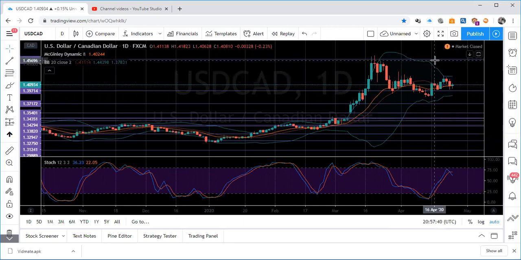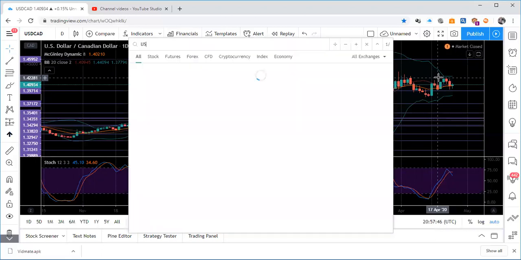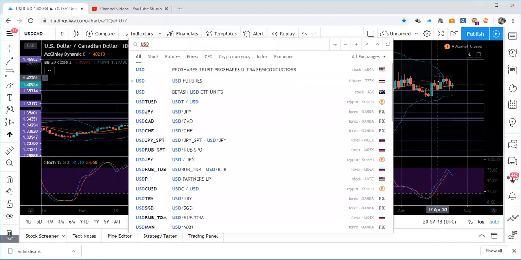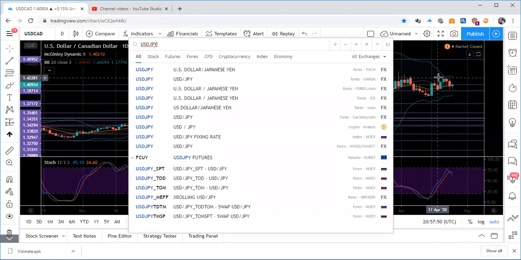I'm looking forward to retesting these highs at the 1.4595 area.